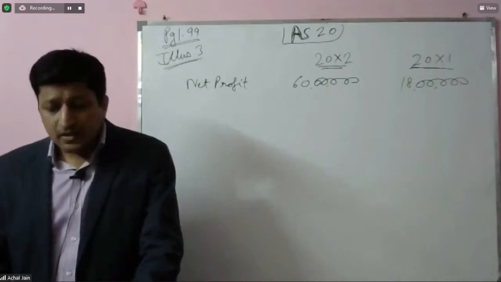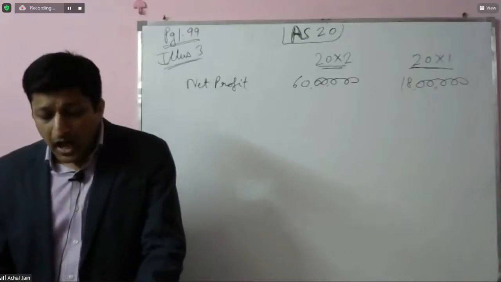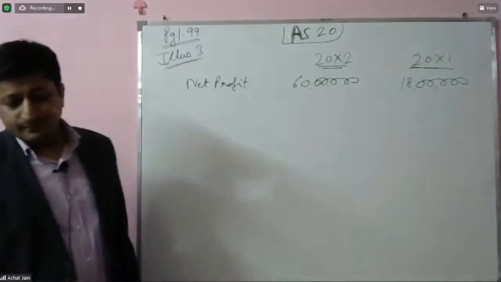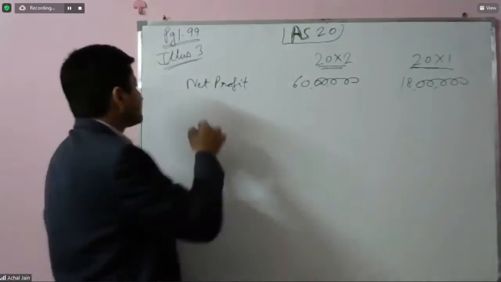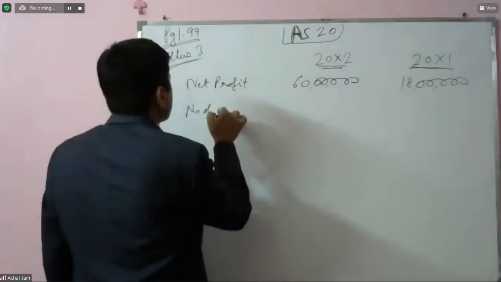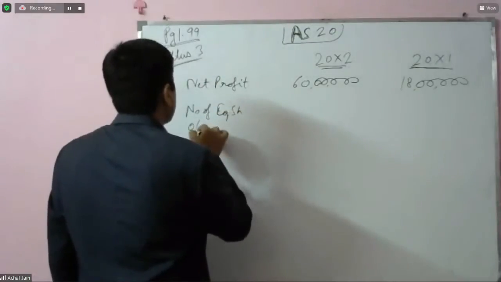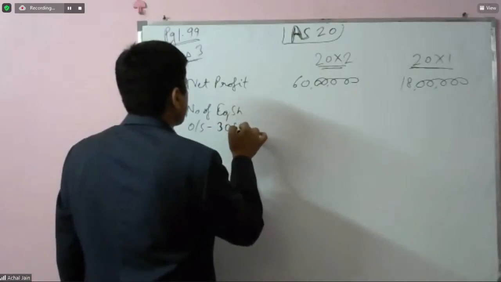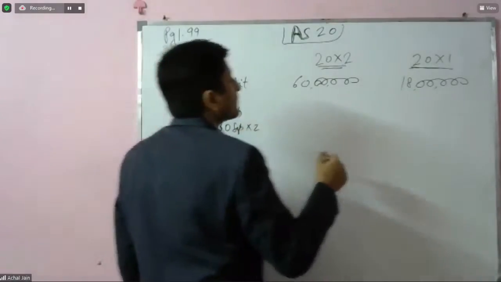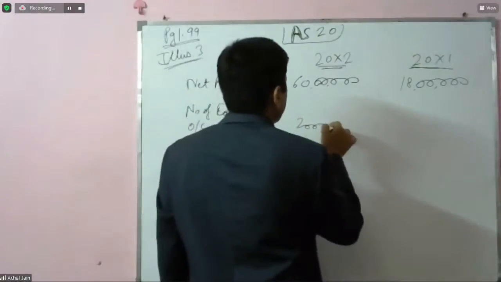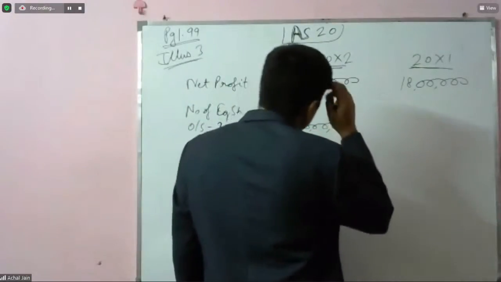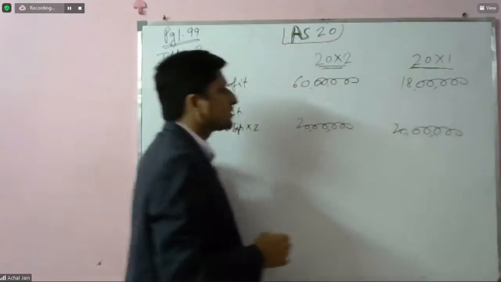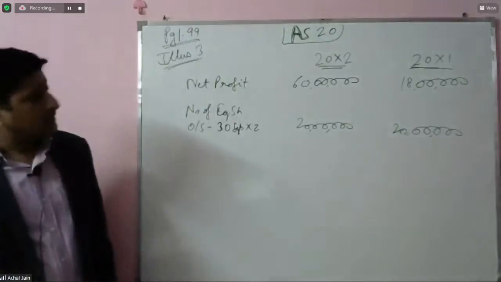Number of equity shares outstanding until 30th September X2 was 20 lakh. So that means last year also the number of equity shares was 20 lakh.